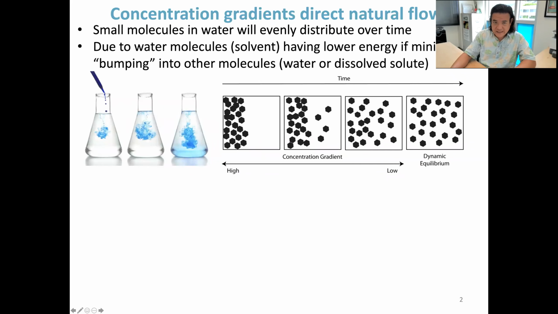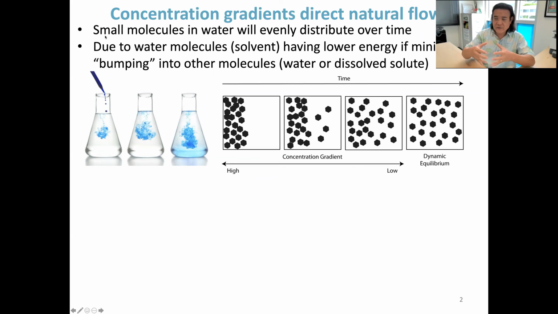So diffusion has to do with the natural flow of some sort of substance across a membrane or through a liquid, having to do just with the natural high-to-low concentration flow. And I think this is very intuitive, right? Let's say you put a whole bunch of small molecules in water.